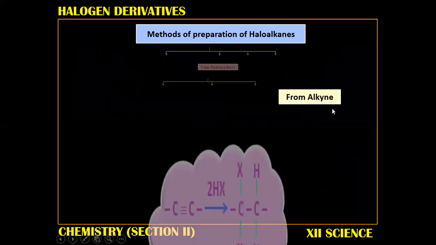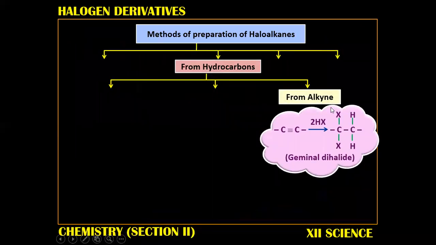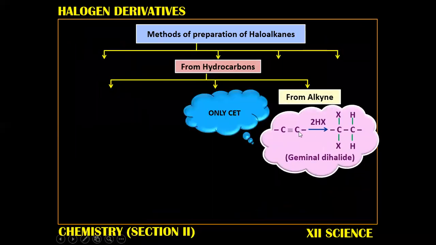Now this is again from alkynes. This is only for CET students. When alkyne reacts with halo acid, we get geminal dihalide. Only NEET JEE students will copy. When alkynes react with two molecules of HX halo acids, we get geminal dihalide. Copy down this general reaction, then I'll give you one example also from alkynes.